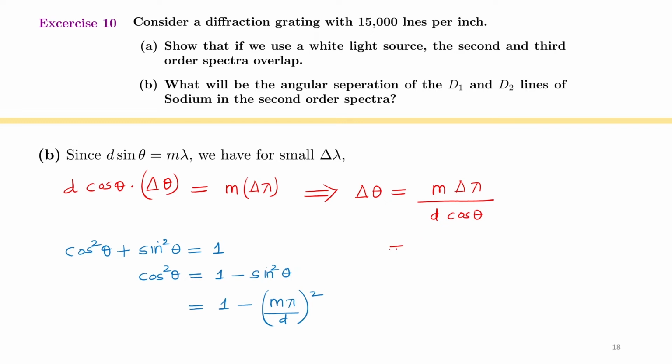Hence we write this equation as m delta lambda over d times 1 minus m lambda over d the whole square to the power 1 by 2.